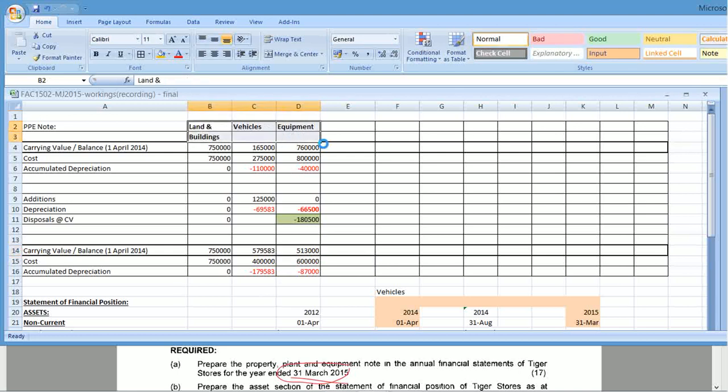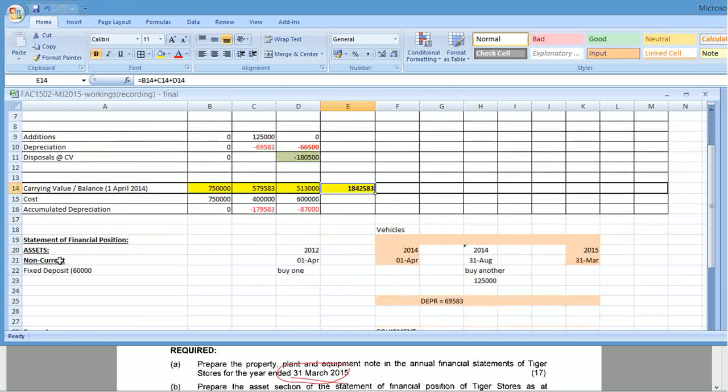Okay, it's land and buildings. Right, they didn't ask for the total column, but if they did, then the only total that would be important would be this one. This plus that plus this, and that gives you that total. Right, that total would have gone through to your disclosure here.